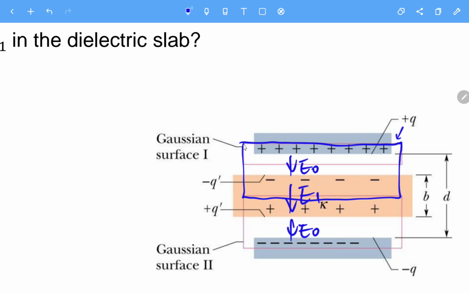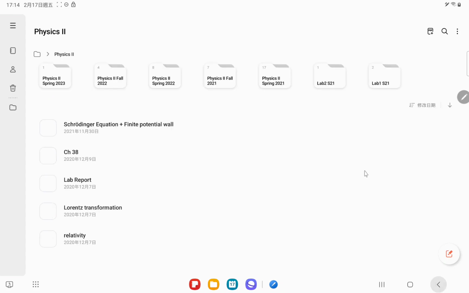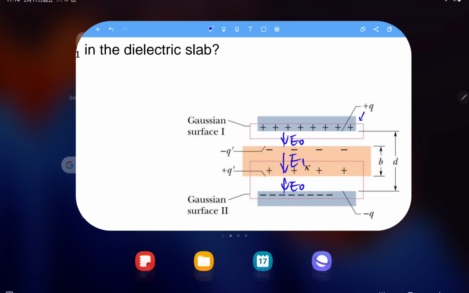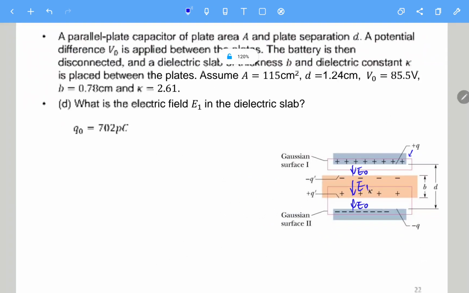If he defined Gaussian surface 2 like this, the two surfaces would overlap, and you may wonder what is Gaussian surface 1. To make it totally symmetric, you could define the Gaussian surface like this, and the equation on both sides will just have one additional minus sign, and then they cancel, so you will get the same result.